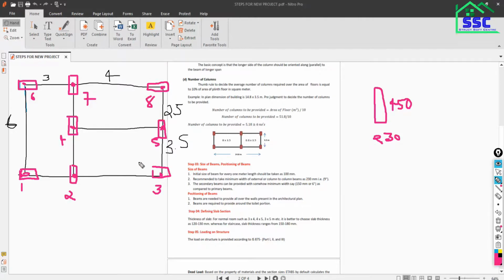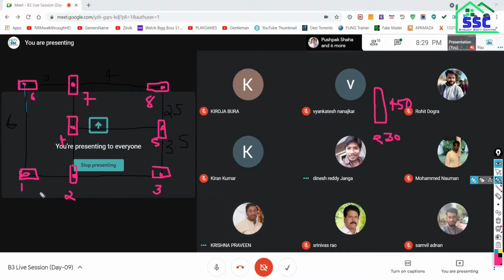Now let me know which column is correct, one by one. Some say 1, 6, 3, 8.